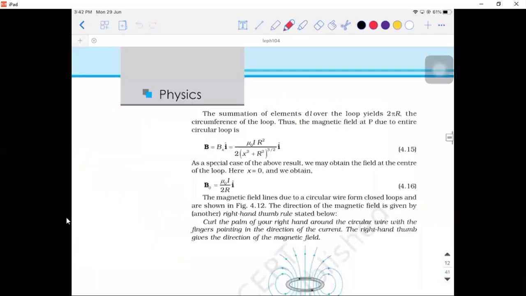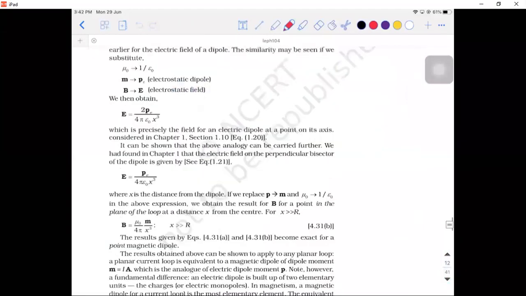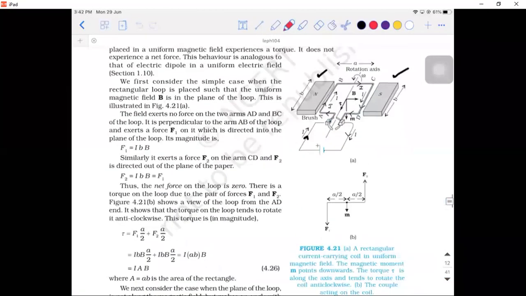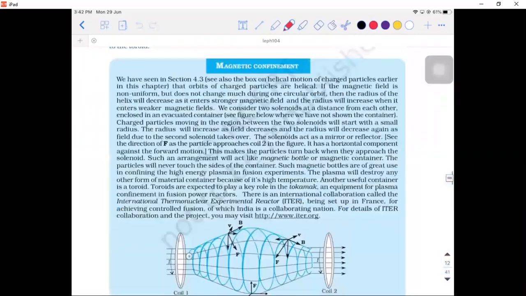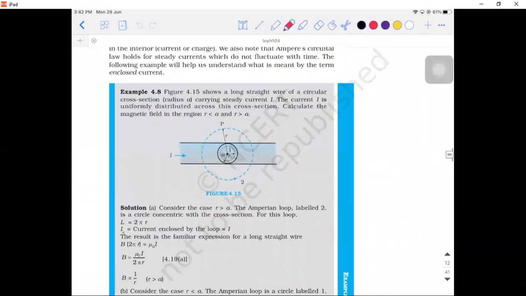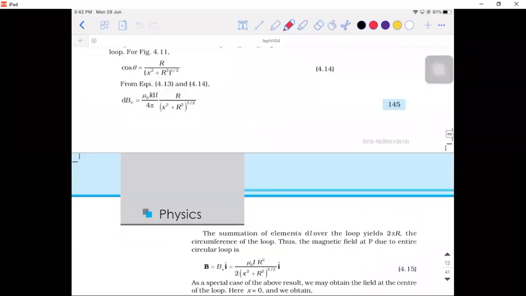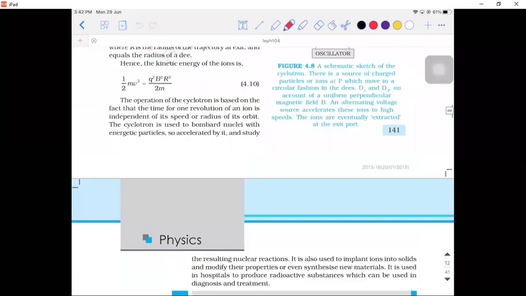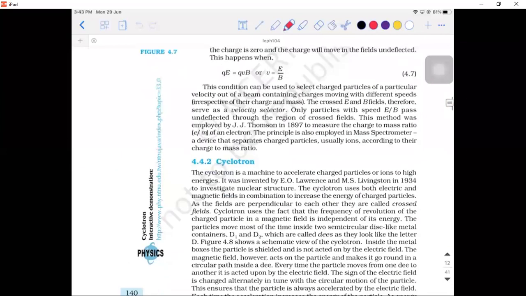It is in page 141. Actually, it starts in page 140.